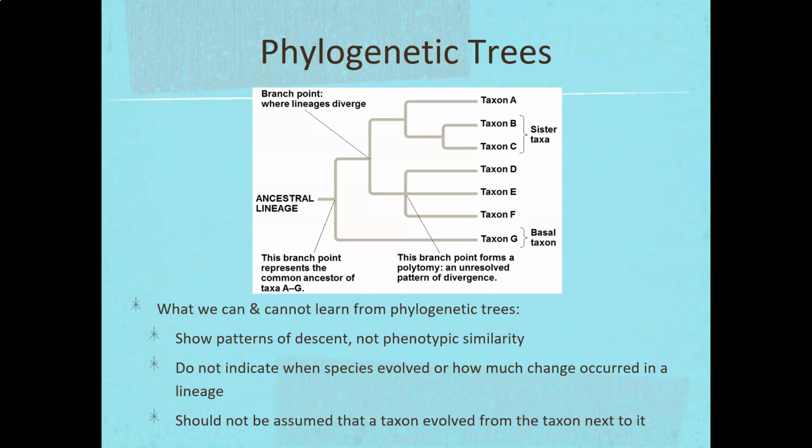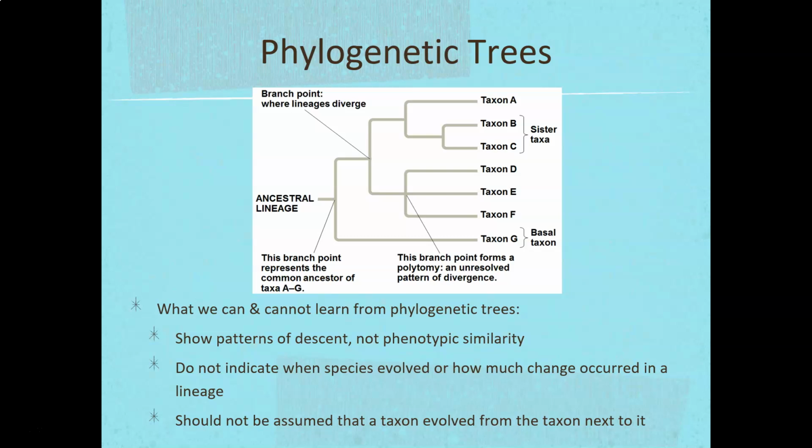So here's the thing. There are definite benefits to these phylogenetic trees, and then like everything else, they have their own challenges, right? So we can learn certain things from them and not others. So they definitely show patterns of descent, for sure.